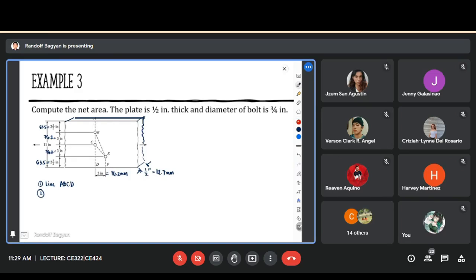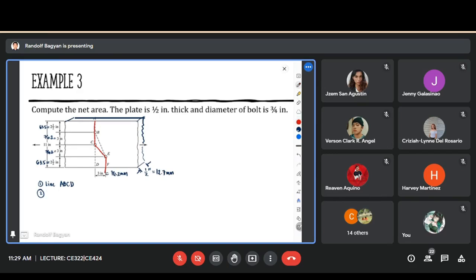What is another failure line? Pwedeng A, B, C, F. Or A, B, C, E, F. Diba? That is another failure line.